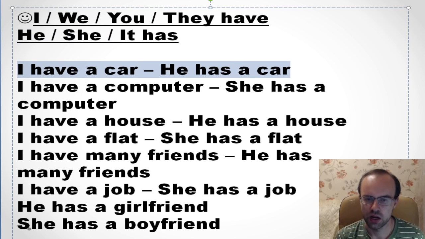Look, I have a car. He has a car. I have a computer. She has a computer. I have a house. He has a house.